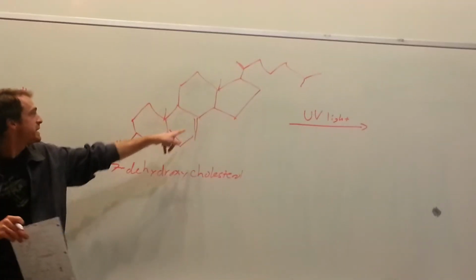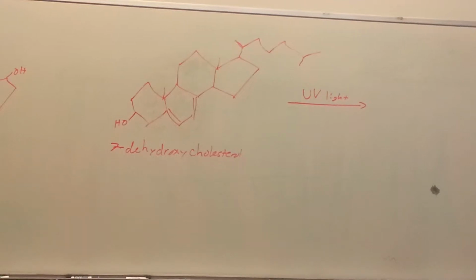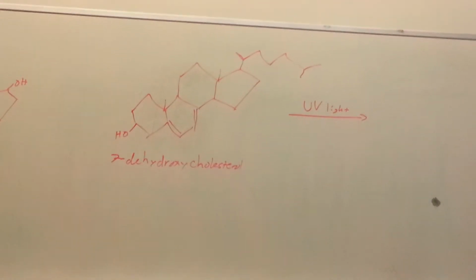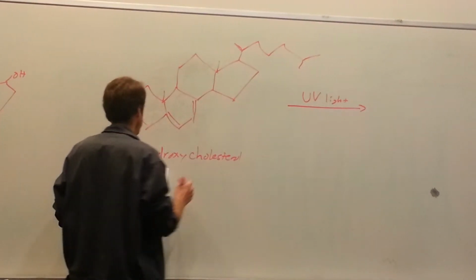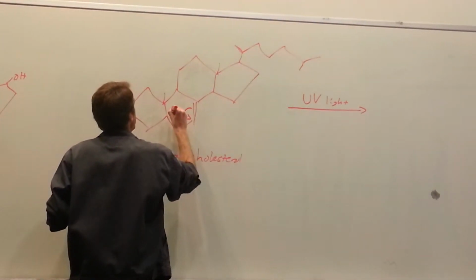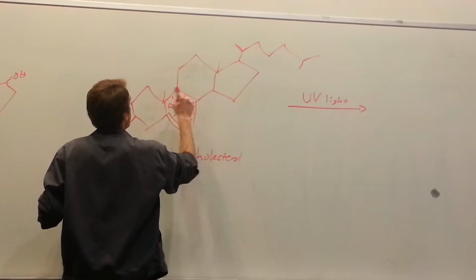That is UV light will interact with this small conjugated pi system there. You can tell because it's a small conjugated pi system, only high energy light will be able to interact with it. Results in the breaking of a bond. So we get this kind of rearrangement happening. And we break right there.